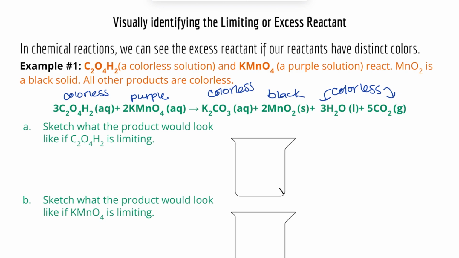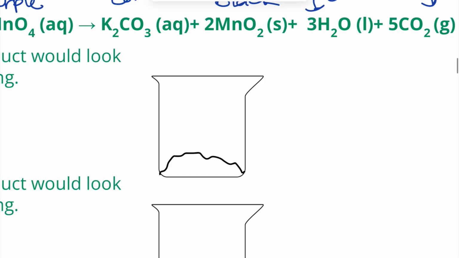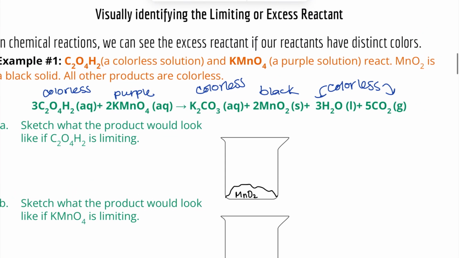So I'm going to just put some solid maybe at the bottom here, and I'm going to just label this as MnO2, just so I know what that is. Then looking at what else I have, aqueous and liquid, and so let's just show that there's some water there. If you want, you can kind of show that this is solid down here.